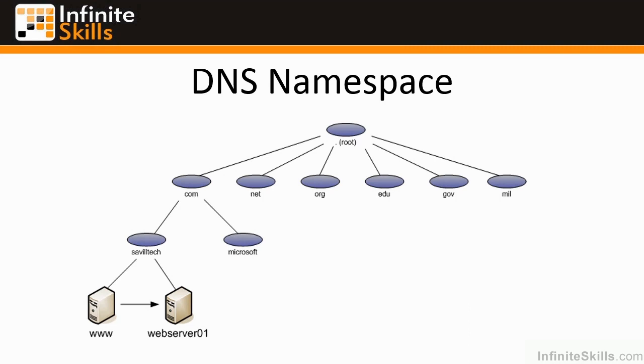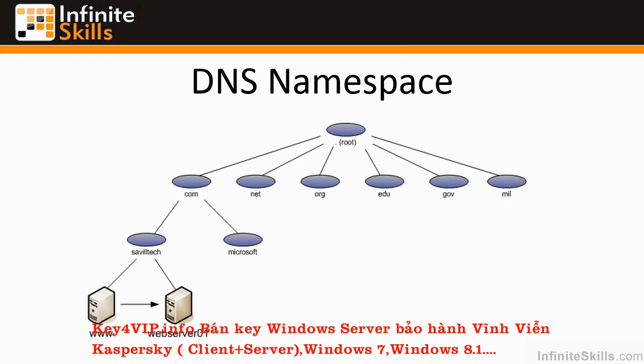So savaltech.com, microsoft.com, savaltech.net, for example. And then within those second-level domains, there might be subdomains. Could be northamerica.savaltech.com. It may contain records such as webserver01 and alias records, which is really just another name for an existing CNAME or hostname record such as www.